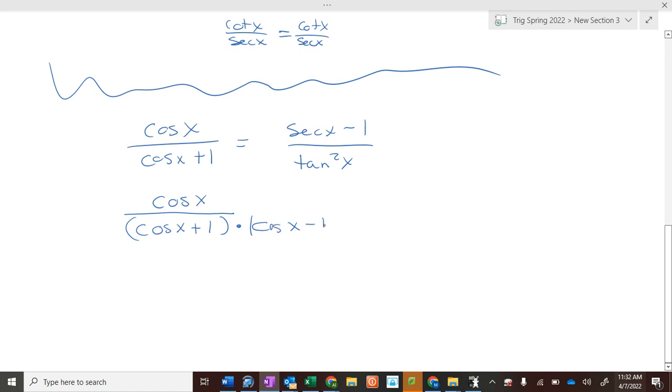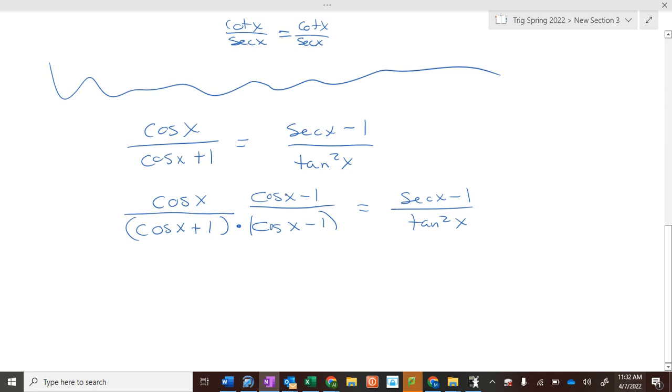So I'm going to multiply by the cosine of x minus 1. Whatever you do on the bottom, you have to do on the top. All right. So we multiply top and bottom by cosine of x minus 1.